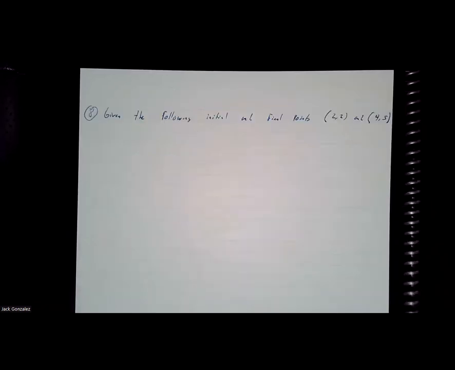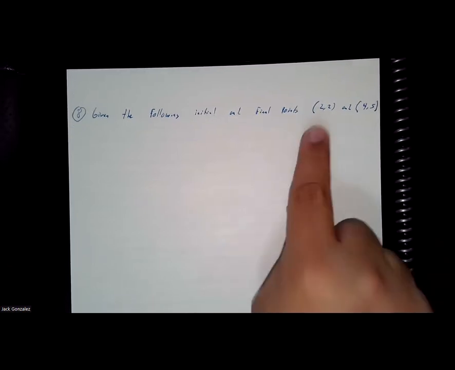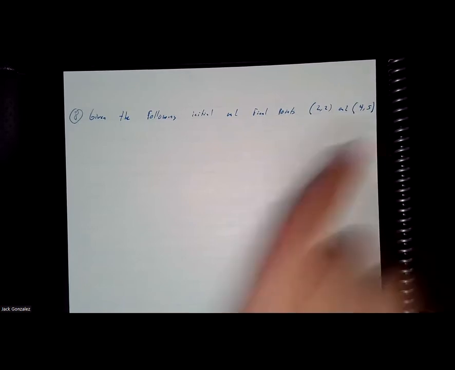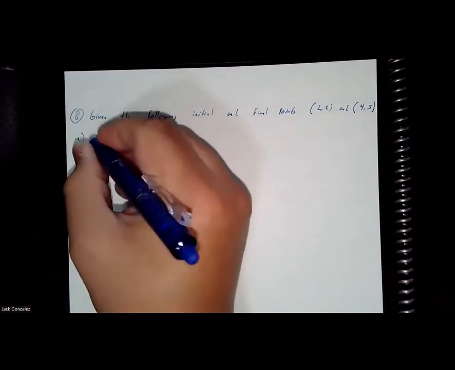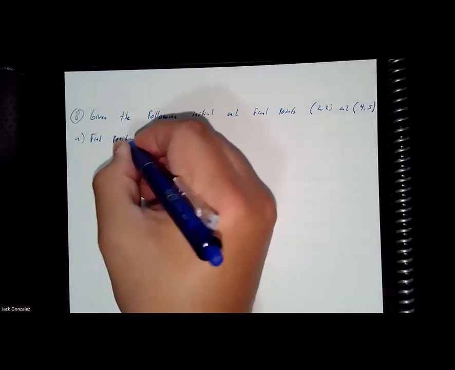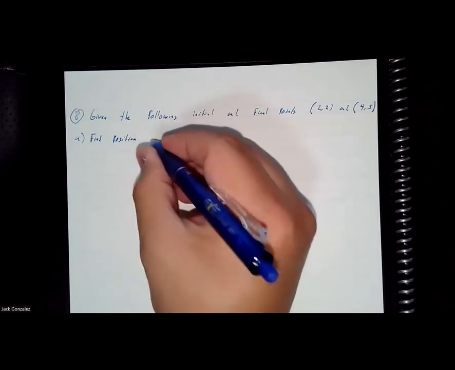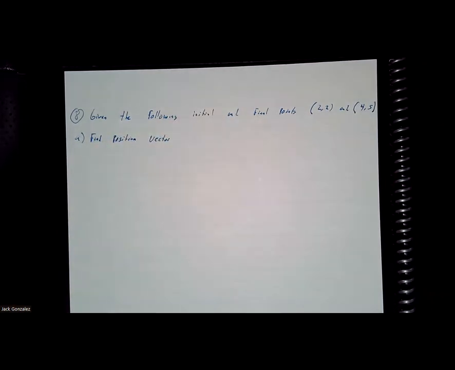Okay, number 8 says given the following, the initial point and final point, 2, 2, and 4, 5, find the position vector. And then after that, we'll use that to find the magnitude.